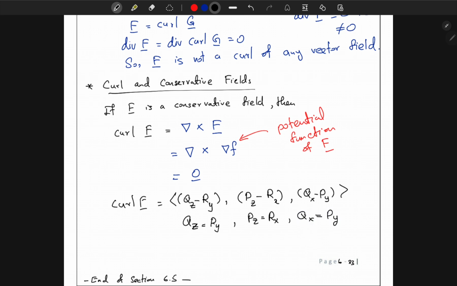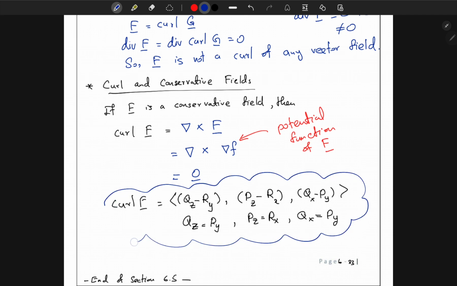Now this is the cross partial property. So if the curl is 0, then the cross partial property holds. That is the reason we get what we have at the top. Conservative fields follow the cross partial property. Okay, that is the end of this section.